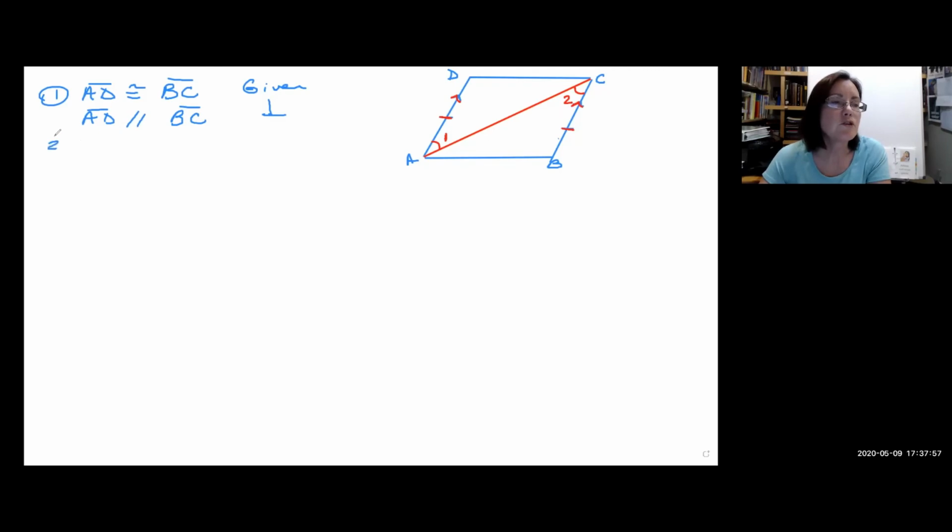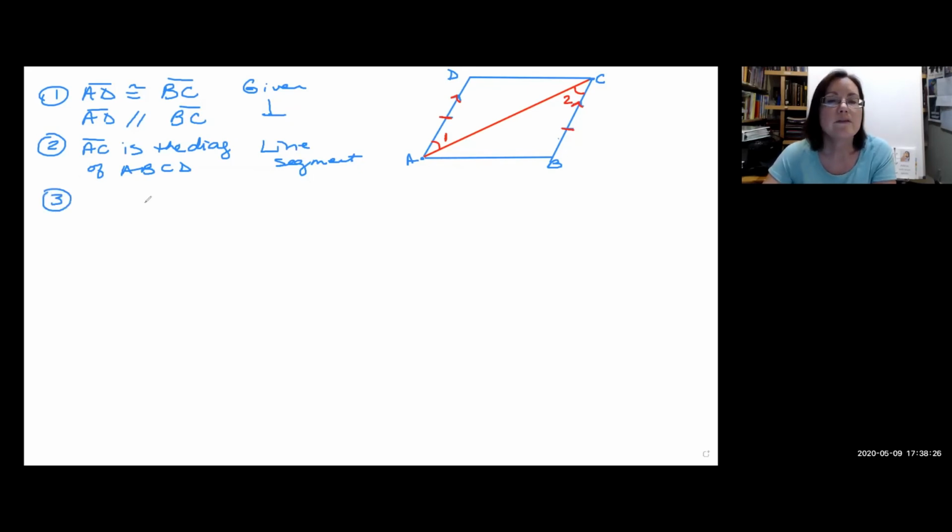If you want to be super formal and technical about it, you could say AC is the diagonal of ABCD. That's a line segment, by definition, right? I can connect any 2 points in space and create a line.